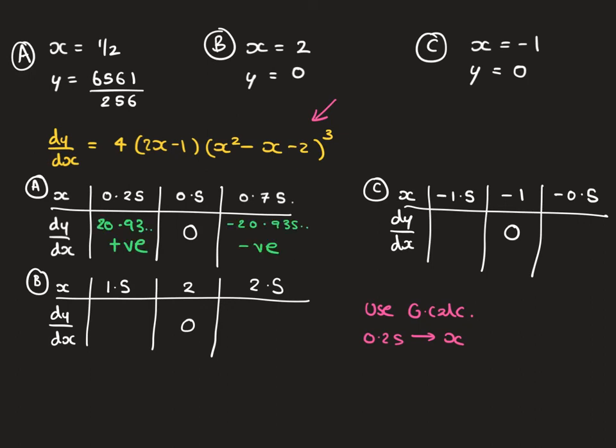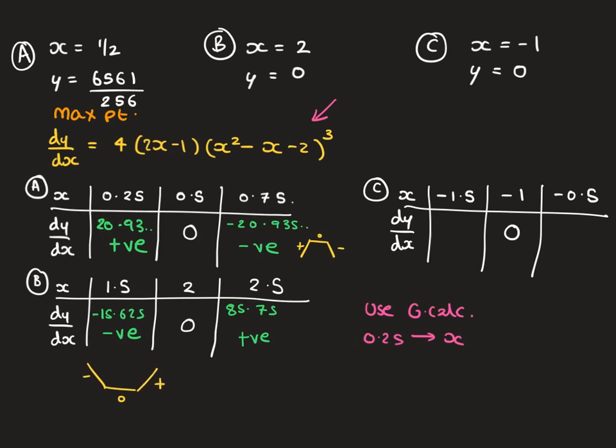So starting with 0.5 and substituting in, we can see very clearly that we get a positive gradient, a 0 gradient, and then a negative gradient. So this point here is a maximum point, example A. Now with the stationary point B, we find that we get a negative gradient, a 0 gradient, and a positive gradient.